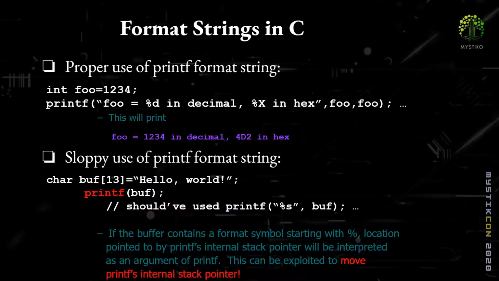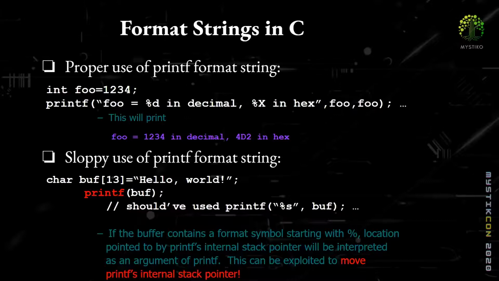If the buffer itself contains a format symbol starting with % instead of the regular strings that are generally supplied, printf was expecting a string but instead got a format string.